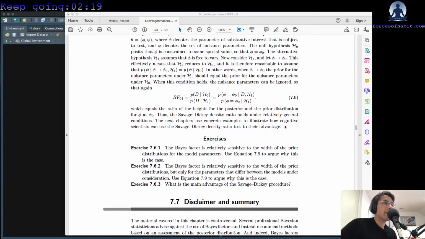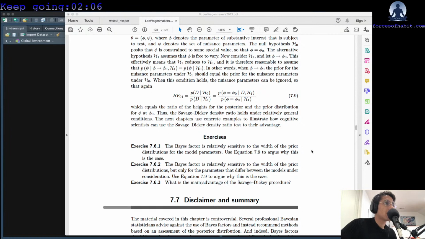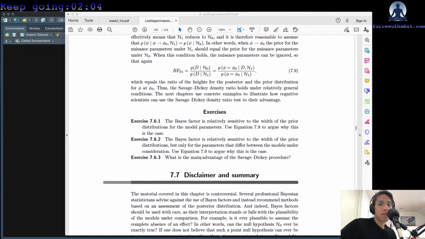Main advantage. I would say the main advantage is holding constant all of these nuisance parameters. So even for very complicated models, so long as we're only altering one thing between the two models we're comparing, these can make for fairly less computationally intensive problems for large complex models.